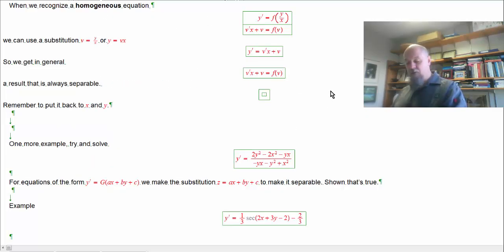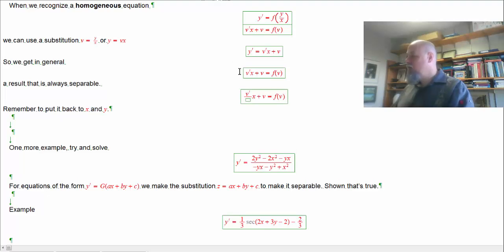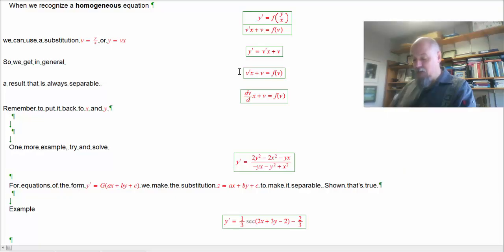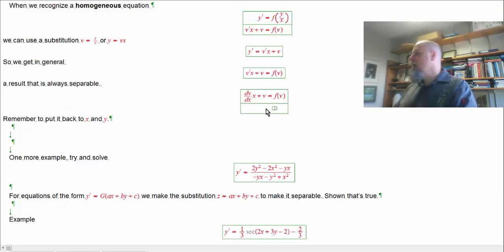Well, let's check it out. There's what I would get in general. I'm trying to show it's going to be separable, so I'm going to put in the dv dx so that I can have a v side and an x side. Well, let's move that v over to the other side first.